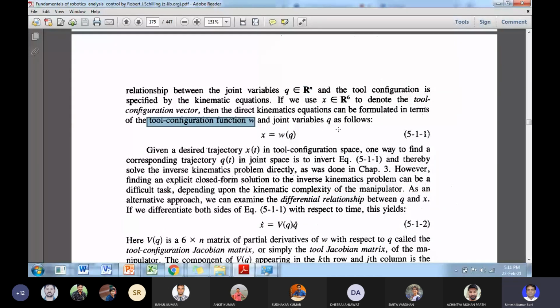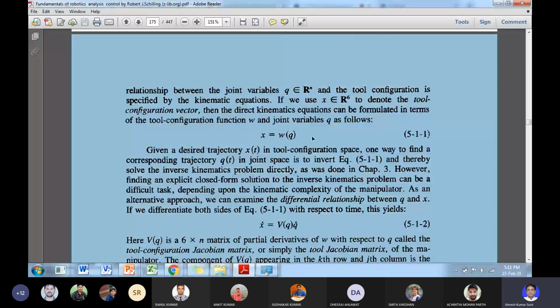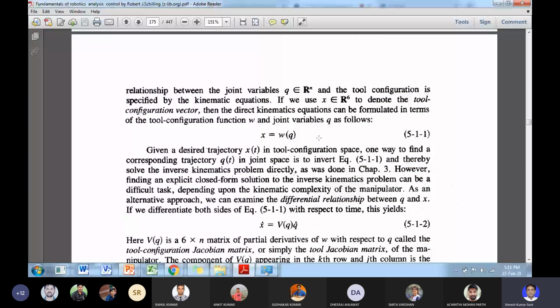and joint variables, because the tool configuration vector W(q) we have studied previously: W(q) equals W1, W2, q.